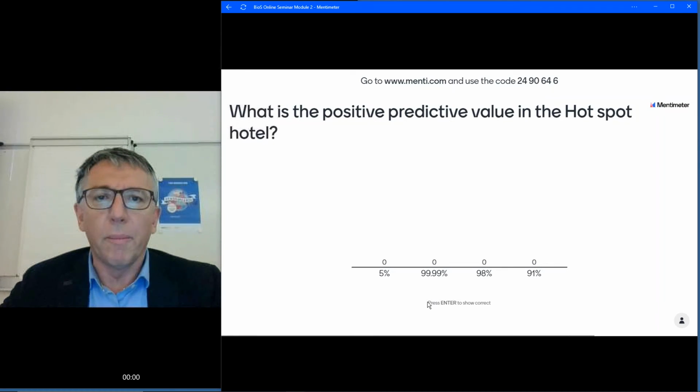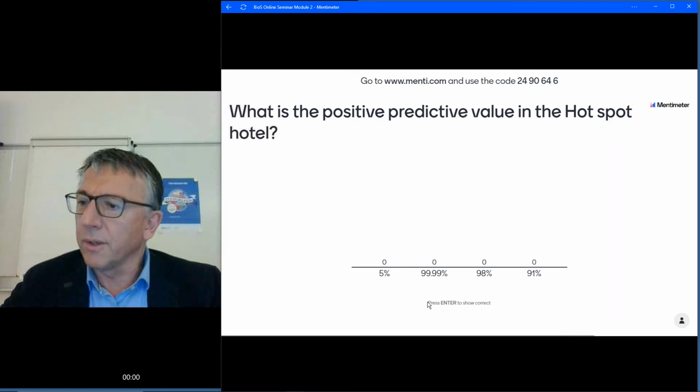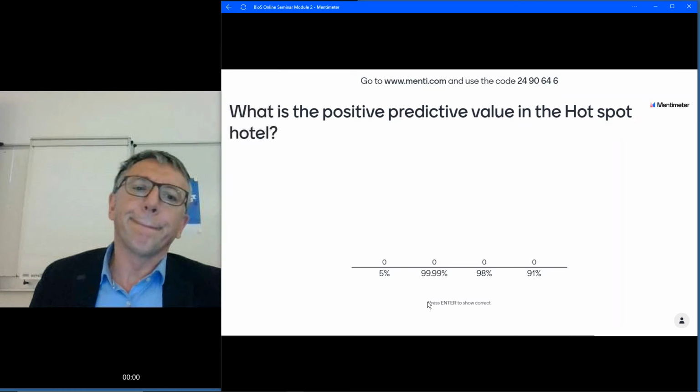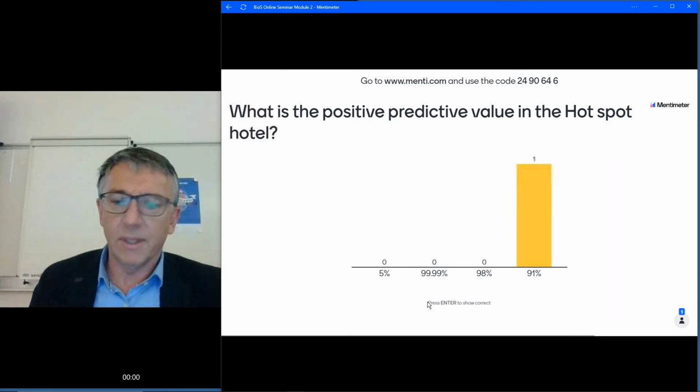Now, using this information of the pretest probability and the accuracy of the PCR test, what is the positive predictive value in the hotspot hotel? Have you been able to calculate that?